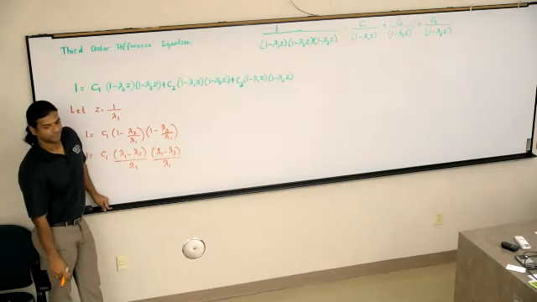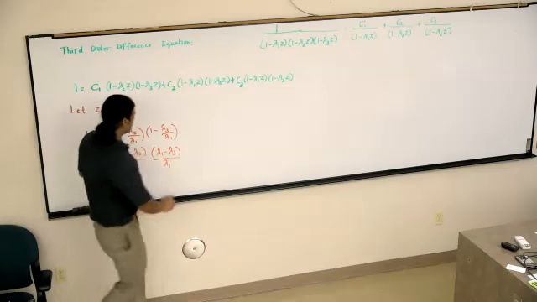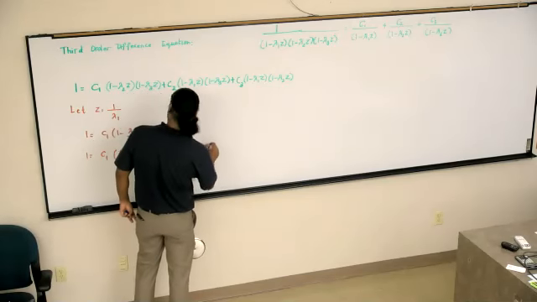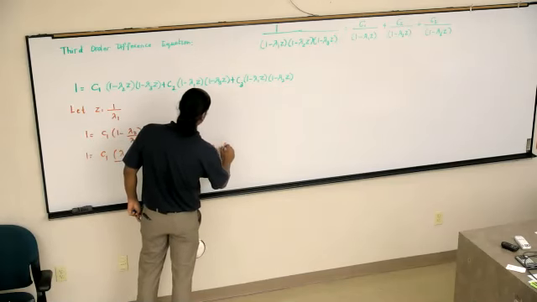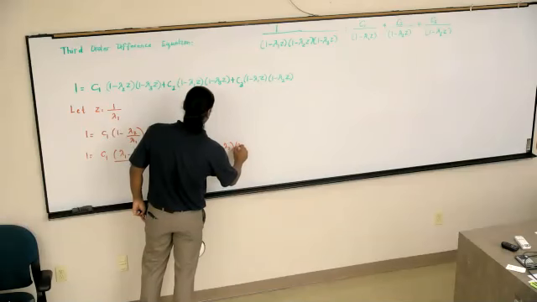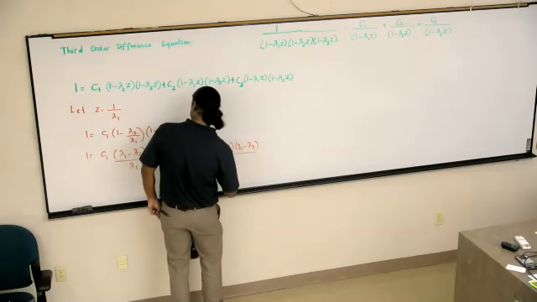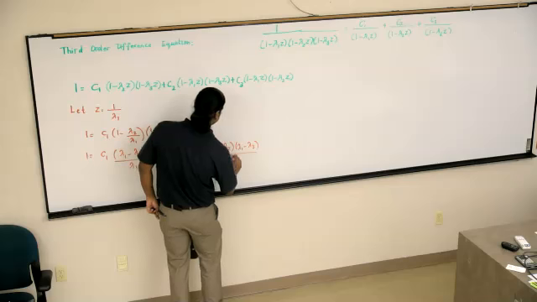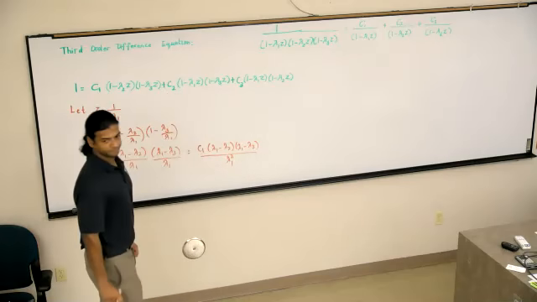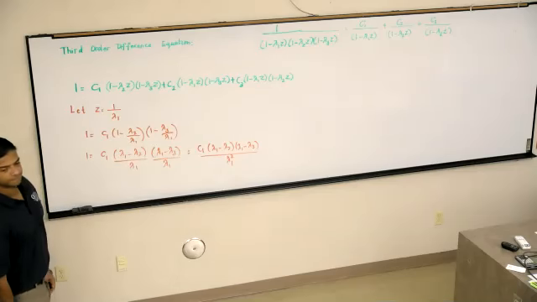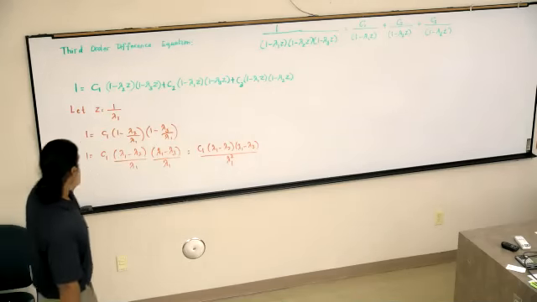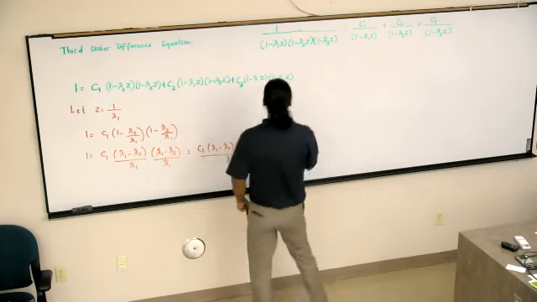Which is going to give us C1 times lambda 1 minus lambda 2, lambda 1 minus lambda 3, divided by lambda 1 squared. So we can solve for C1 easily.